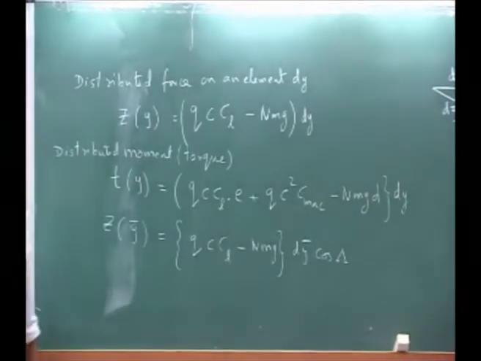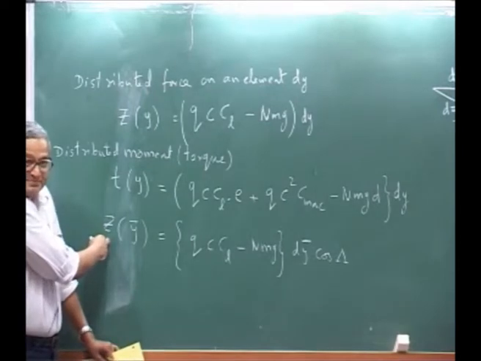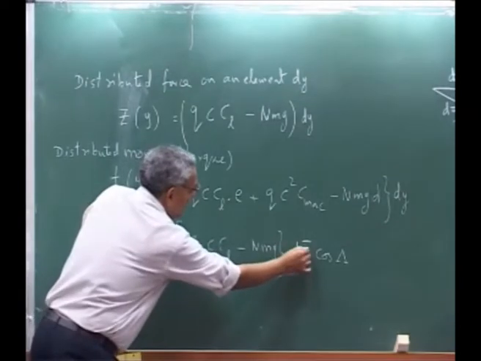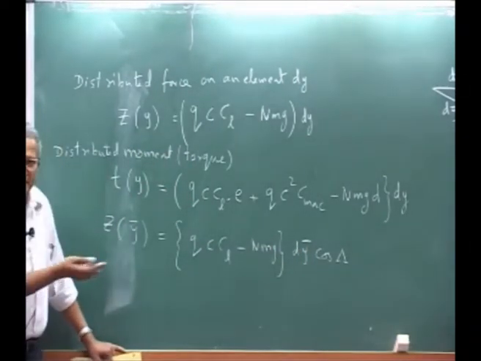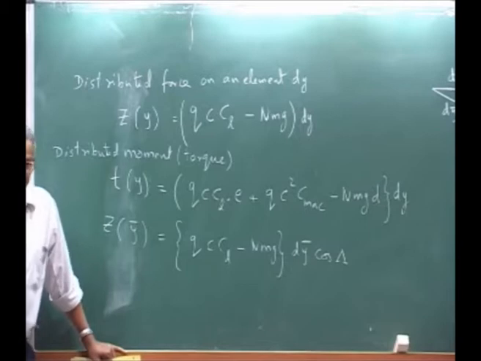Lambda is the sweep. Okay. That means I am getting distributed force along y bar, but if I divide by dy bar, I get force per unit length along y bar. Force per unit length, that's all.